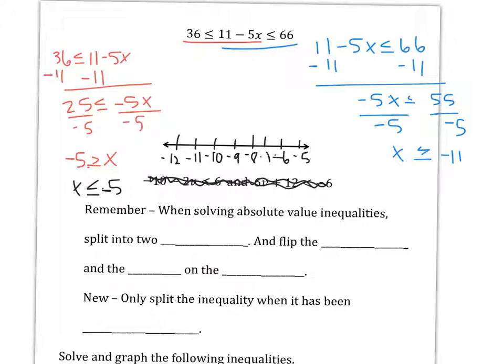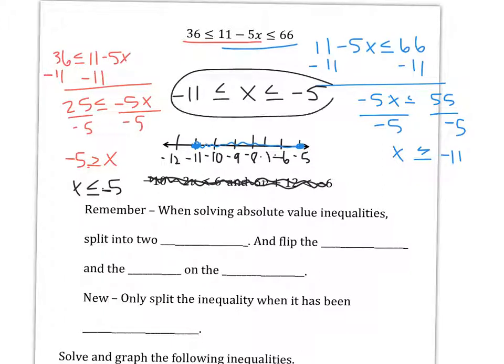And I have x less than or equal to negative 5, but at the same time greater than or equal to negative 11, so this will be an overlap. As I write my solution set, I'm going to put x in the middle, negative 11 on the left because that's the smaller number, negative 5 on the right because that's the larger number, and then my inequalities should point the same way, again if I'm correct, and I am, so negative 11 is less than or equal to x, which is less than or equal to negative 5.